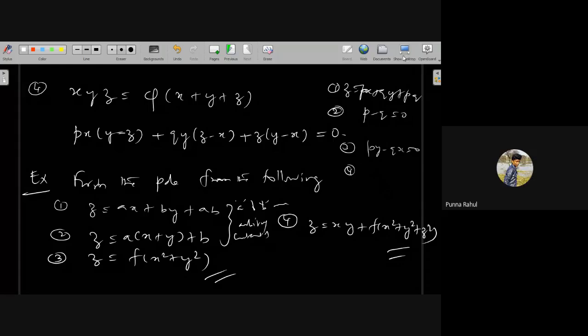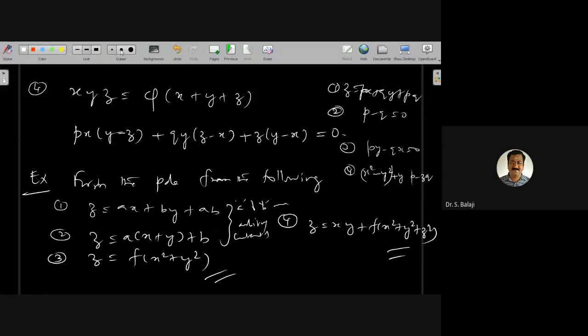Fourth one: y into x square minus y square, plus y into p minus zq.